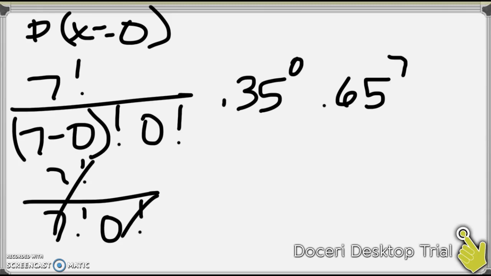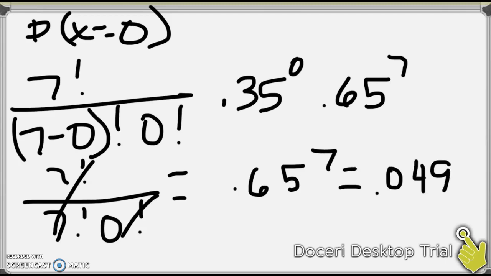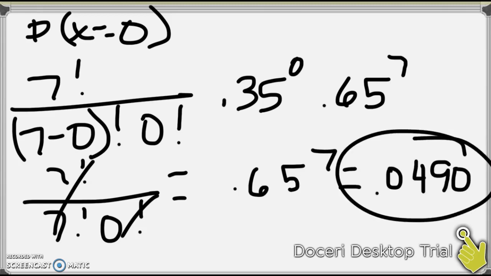Anything divided by itself is 1, and 0 factorial is 1. So we end up with 1 times 0.35 to the 0 power, which anything to the 0 power is 1. So really we end up with 0.65 to the 7th, which I believe is 0.0490.